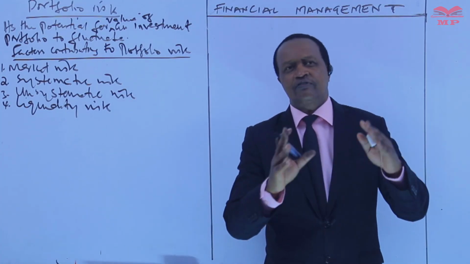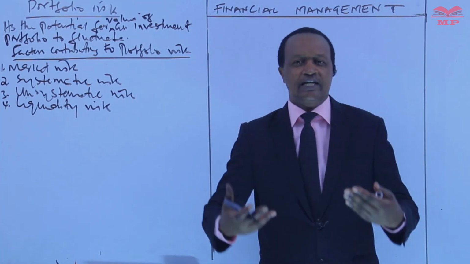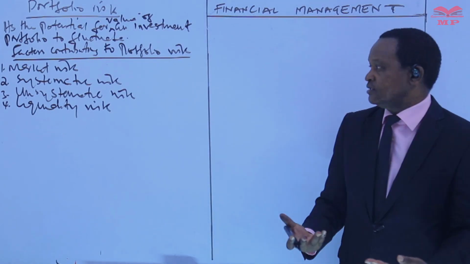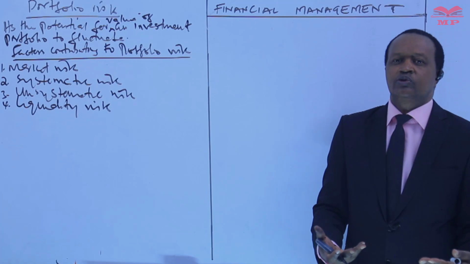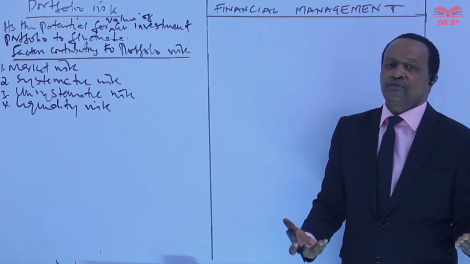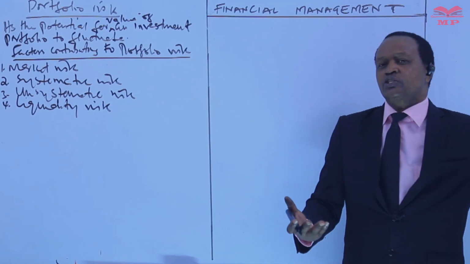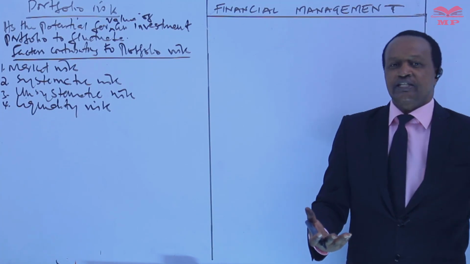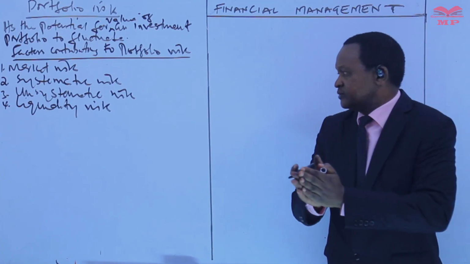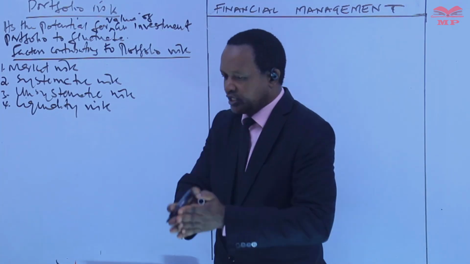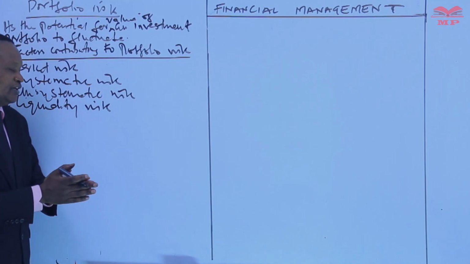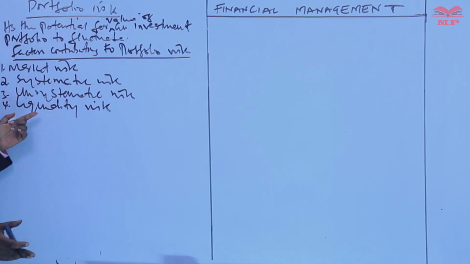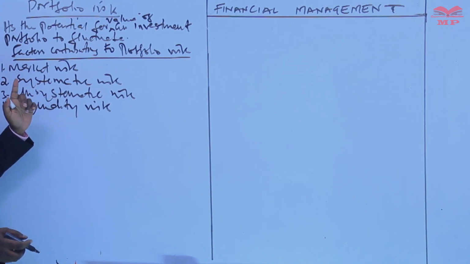If one finds it difficult to liquidate an asset, then that is what we are calling liquidity risk. It arises when it is difficult to buy or sell an asset quickly.